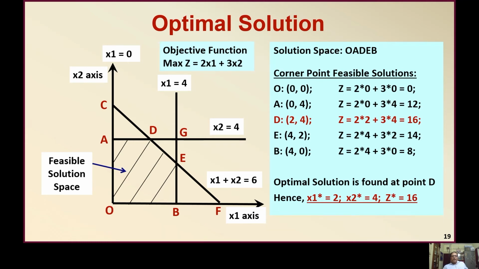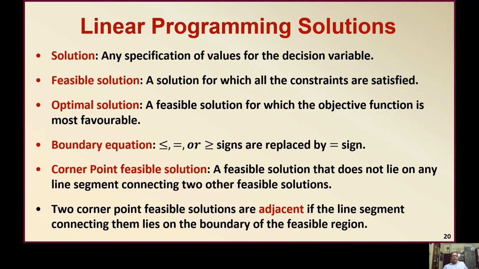To understand that, we bring a new kind of concept, that is going for an augmented problem. I'll come to the augmented problem, but before that, certain terms. I might have discussed them already, but let me just quickly repeat them. Solution: any specification of values for the decision variables within the domain. A feasible solution: a solution for which all the constraints are satisfied.